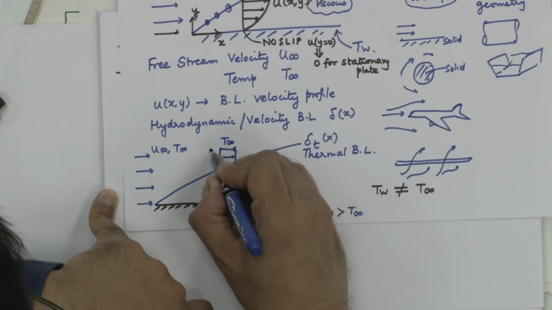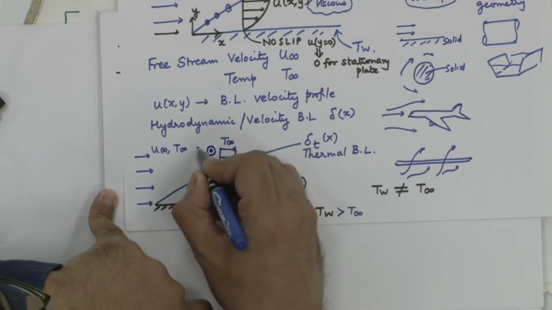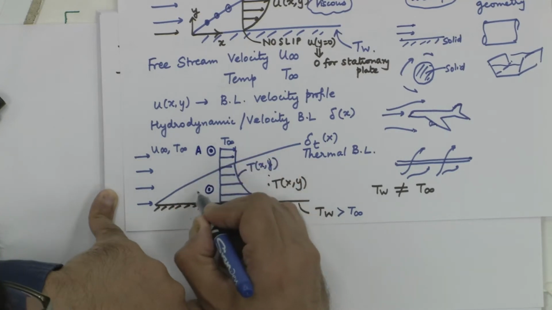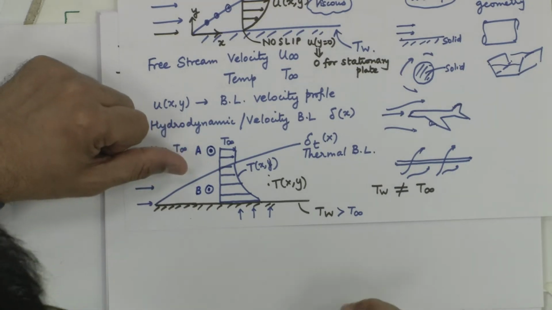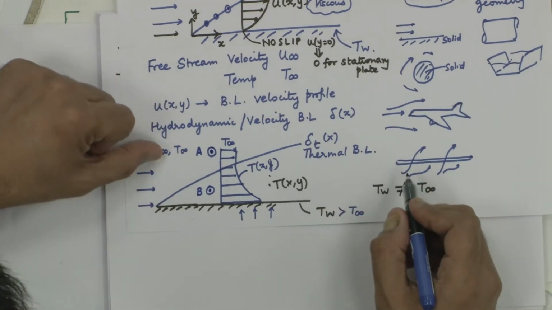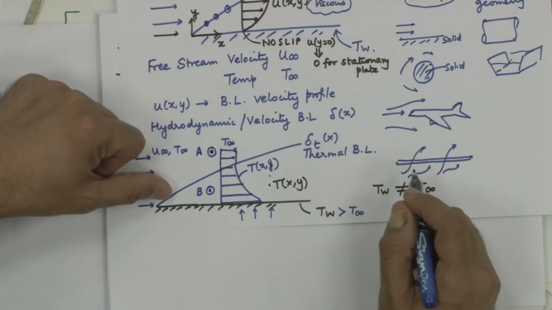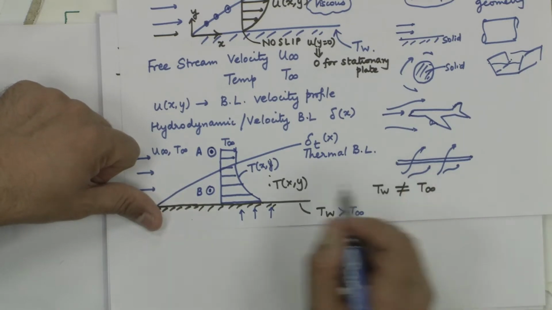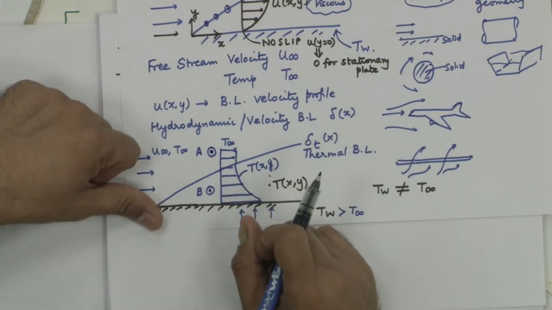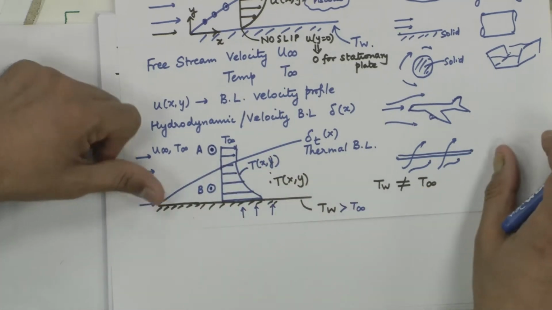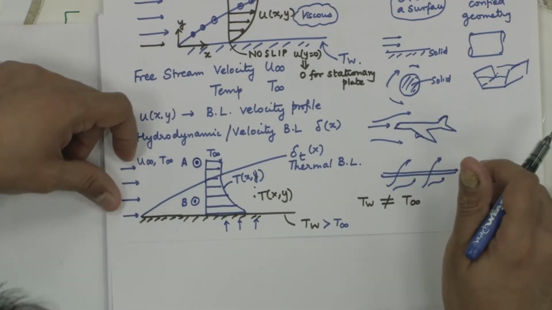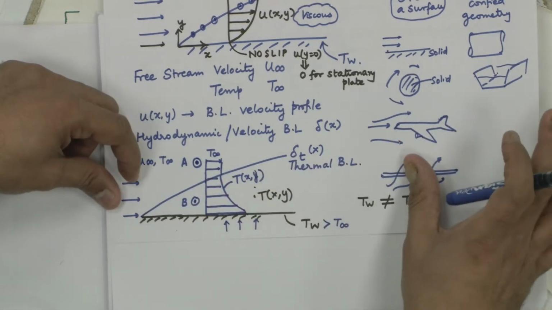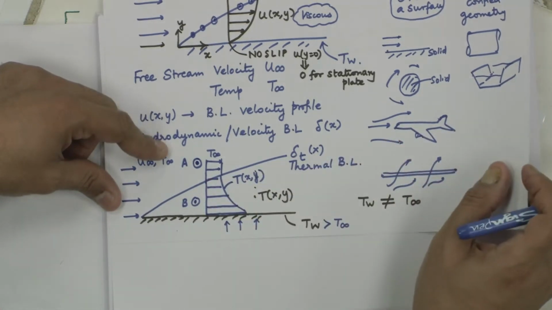If I am a fluid particle here versus a fluid particle here, A and B, fluid particle B would have a temperature greater than T infinity, lower than T wall, because it is inside this so called boundary layer. Fluid particle at location A would not know that there is a wall which is hot, and therefore the temperature would be equal to T infinity.